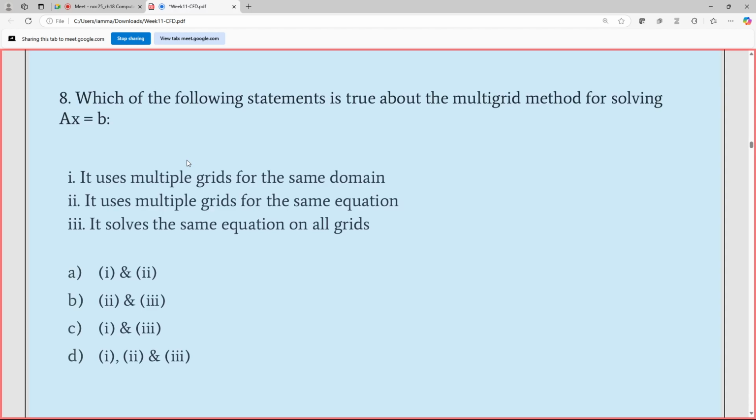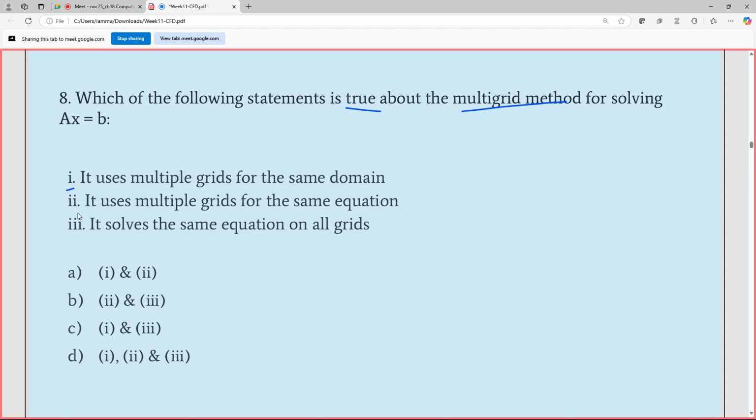Which of the following statements is true about the multi-grid method? This is asking which of the statements is true about the multi-grid method for solving Ax equals B. Statements are: first, it uses multiple grids for the same domain.